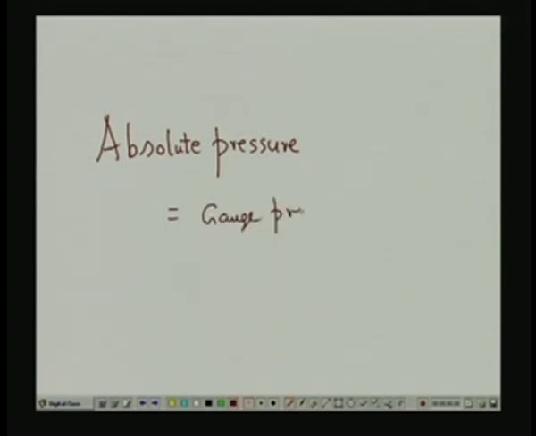You see, in pressure measurements, absolute pressure is equal to gauge pressure plus atmospheric pressure.